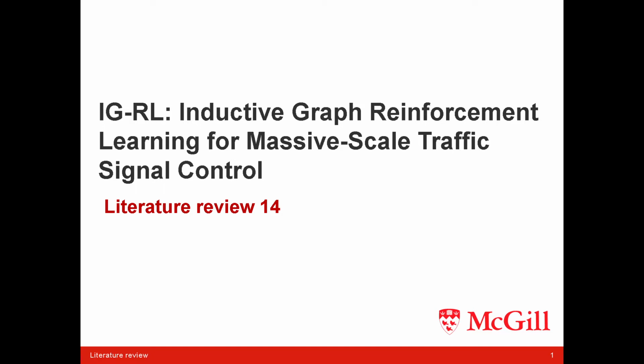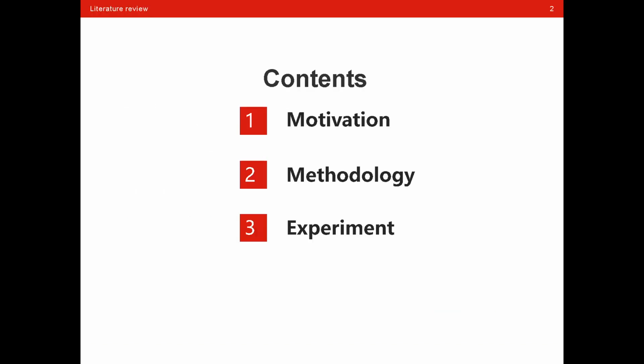Let's dig in. Today's presentation will be divided into three parts: the motivation, the methodology, and this time I want to introduce some of the experiments. It is a very useful application, so I hope the experiment settings can inspire us.